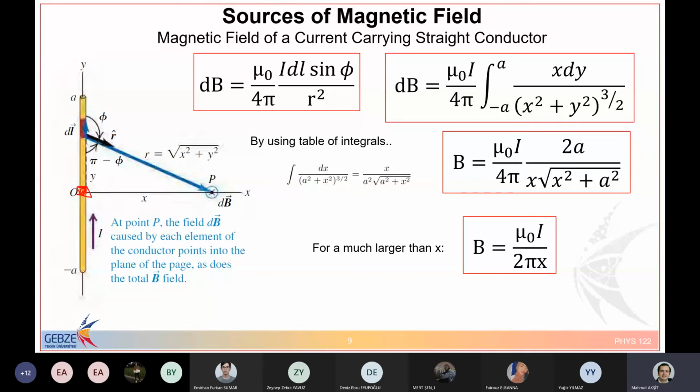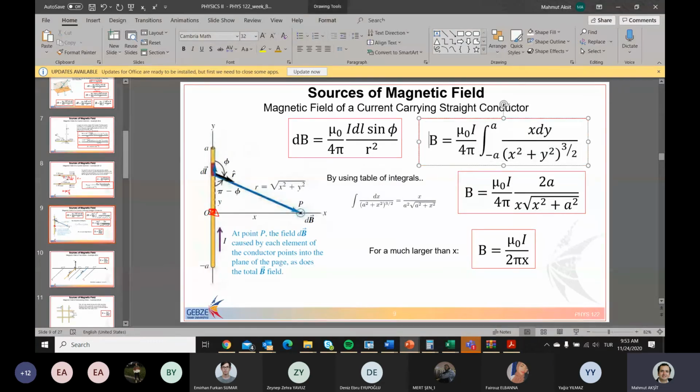So we need to integrate from minus a to a for this formula, but we need to be very careful about that. So the current is known, constant. It can go outside of the integration. By the way, there's a typo here. This integration is going to be not minus b, not db.